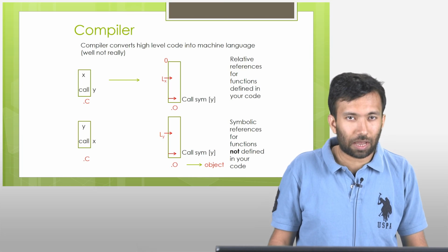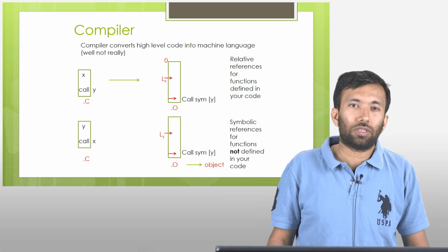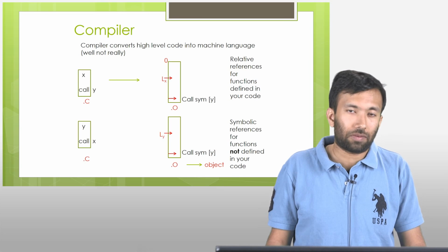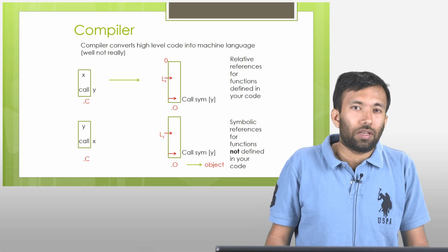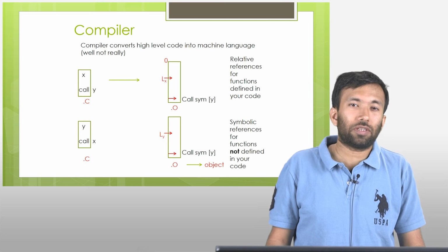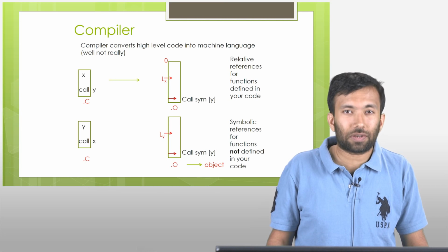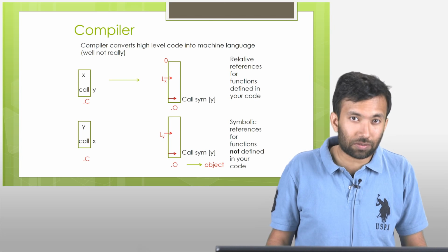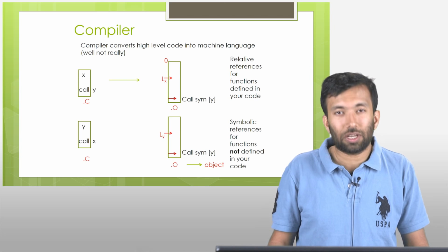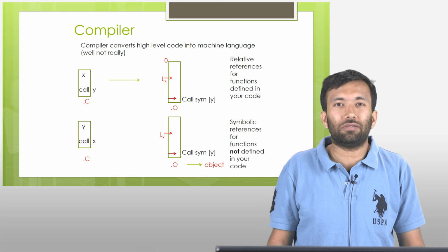We haven't assigned RAM to the program yet. If you want to call a function, and we have seen this before in one of the videos, the assembly level representation of that call jumps to the first line of code of that function. So we have to know the actual physical memory address of the first line of code of that function. A compiler does not know that.